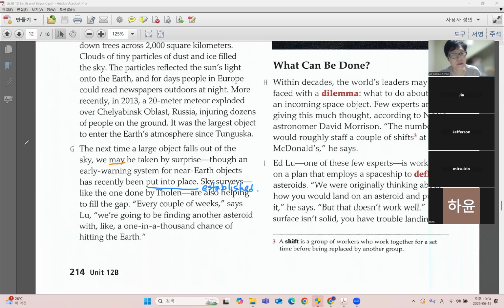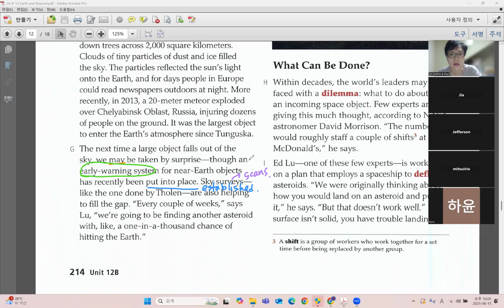What is the established warning system? Where is it? Early warning system. Sky surveys. What are the surveys here? Sky surveys means wide space scans.